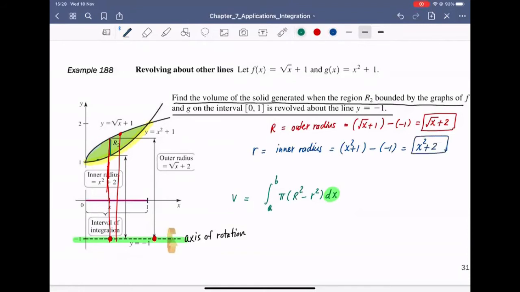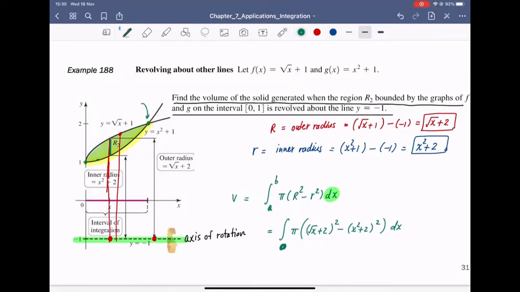And then the answer for this question is going to be the integral of pi, and then you plug in big R, which is square root x plus 2 squared, minus small r, which is x squared plus 2 squared, dx. x from, well, we need to find the intersection. x from where to where? For sure, you can see from the picture that it starts from x equal to 0. So what is going to be the intersection here?